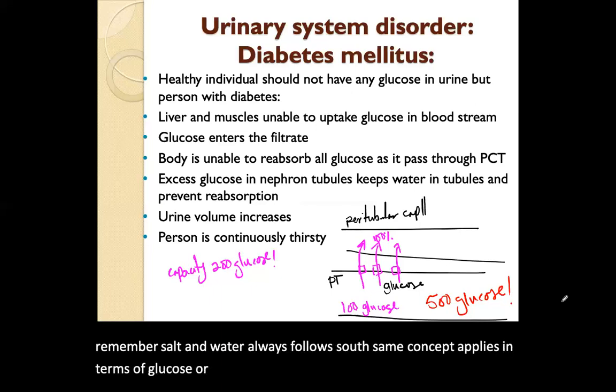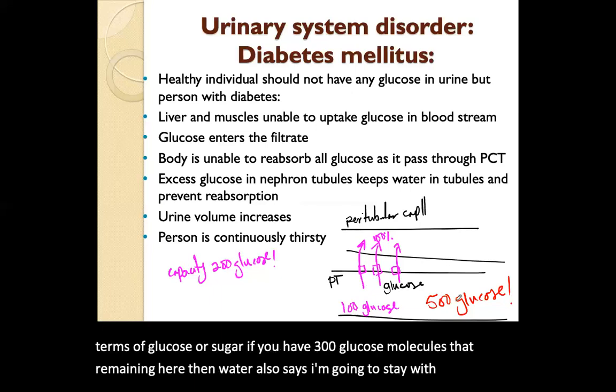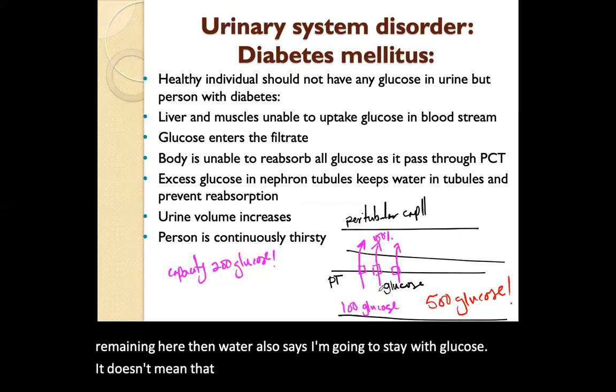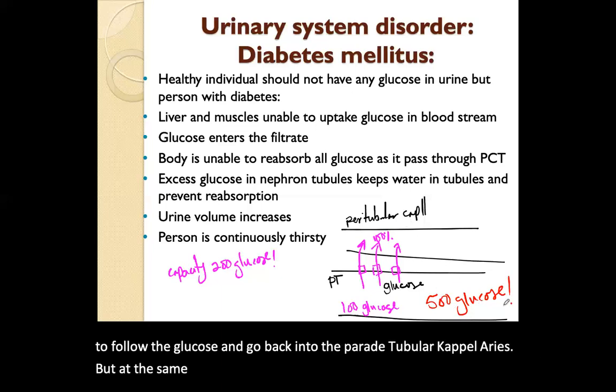If you have 300 glucose molecules that are remaining here, then water also says, oh, I'm gonna stay with glucose. It doesn't mean that all the water is gonna stay. Some water is still gonna follow the glucose and go back into the peritubular capillaries. But at the same time, some of that water stays with the glucose because glucose and water go together.